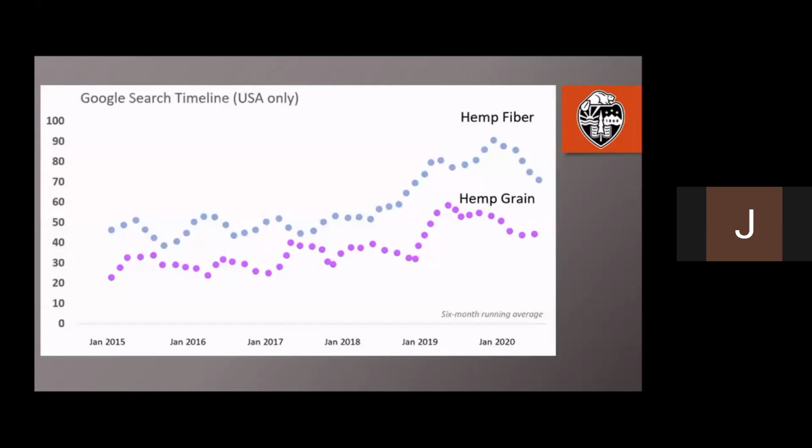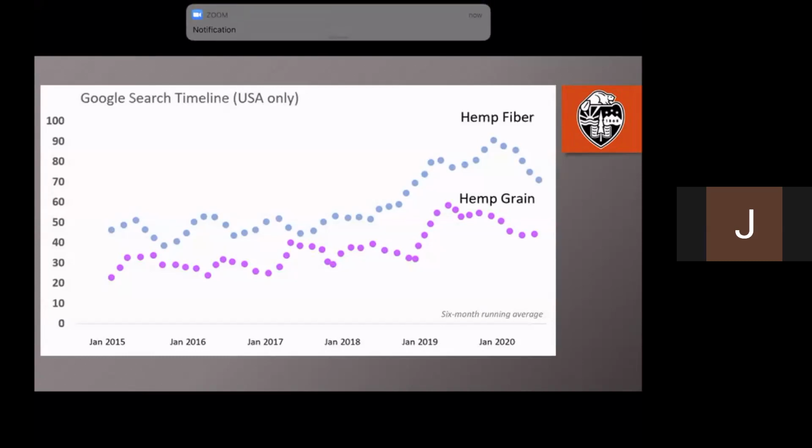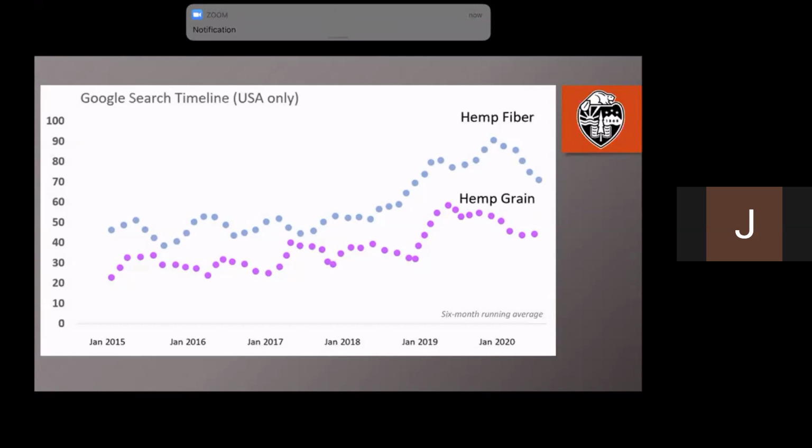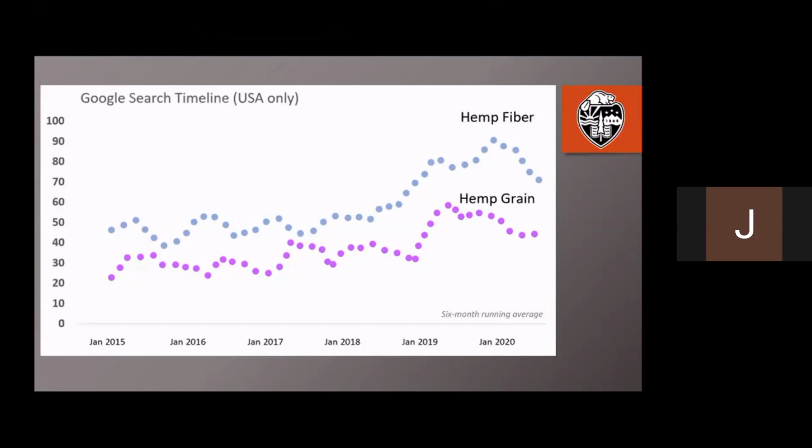We can look at this in terms of hemp fiber and hemp grain, and we can see since the Farm Bill of 2014, this is a 6-month running average on Google, and we see the increase in the number of searches, normalized for the full 5-year and a half span that you see here.